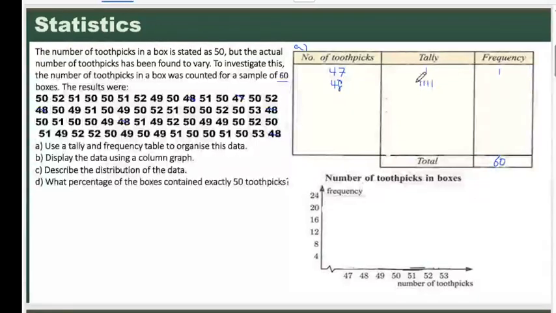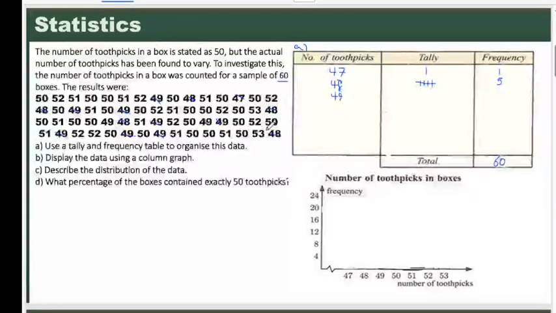As I said for the tally, I make a group with every fifth mark. So 5. I will go for 49. I put 49 here. Start 1, 2, 3, 4, 5, 6, 7, 8, 9.